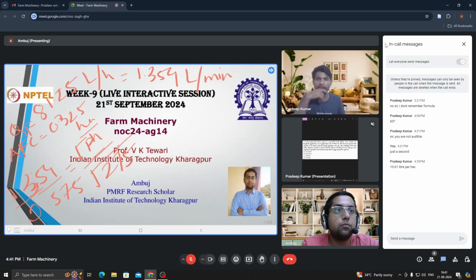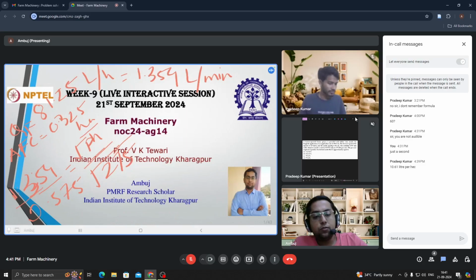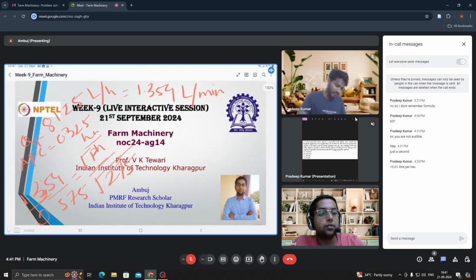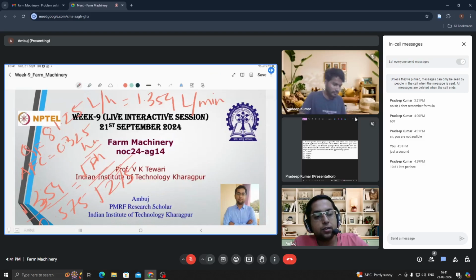If I solve this, P would be the square of that, 1525. Yes, now it is matching. First option. Sorry for that. P is 1525 kilopascals.